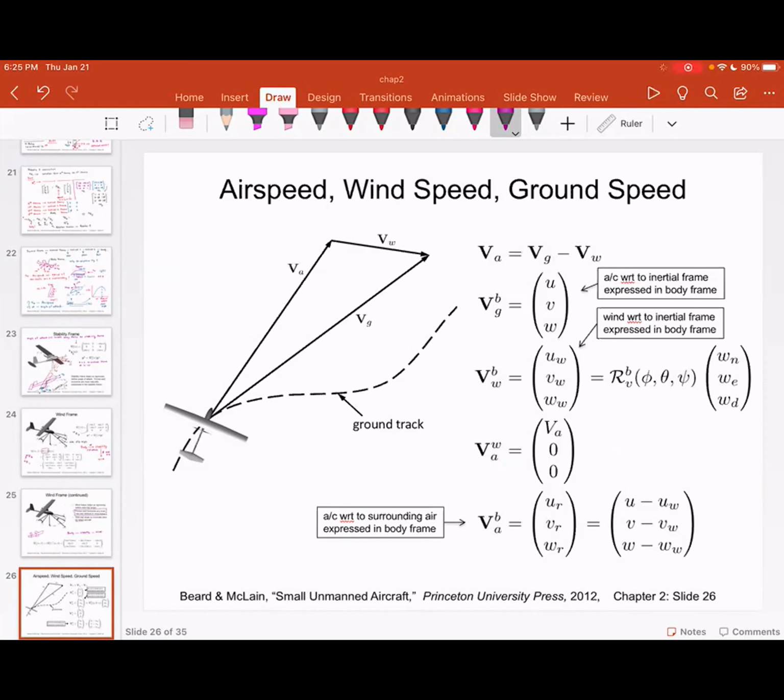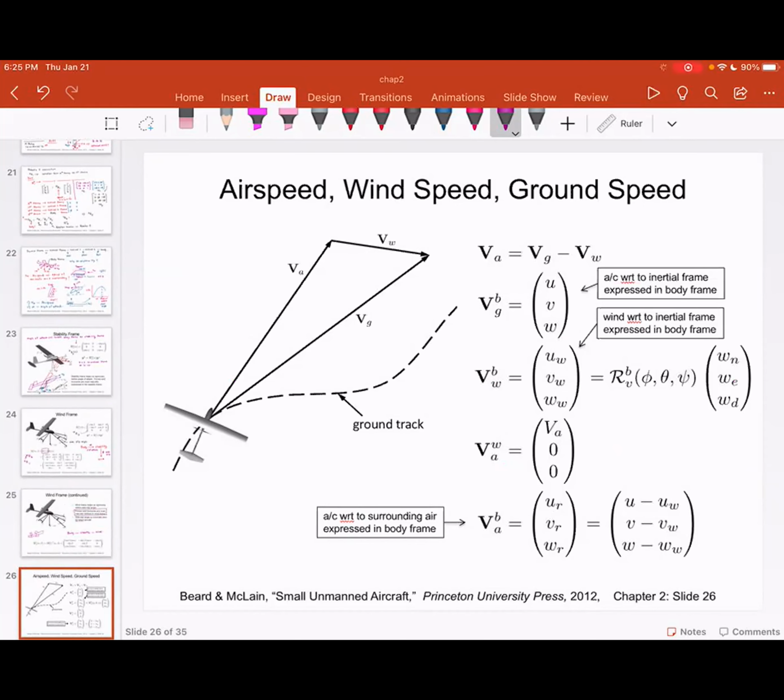You have the wind speed, which depends on the environment, currents, temperature change, or weather. And ground speed is the actual speed of the aircraft as if it is traveling on the ground.